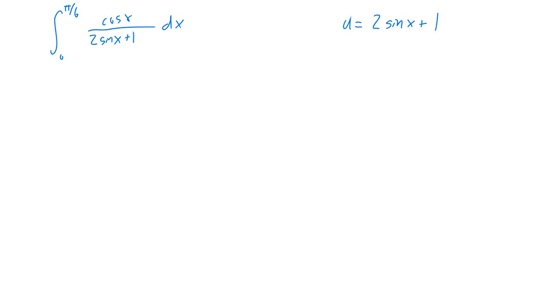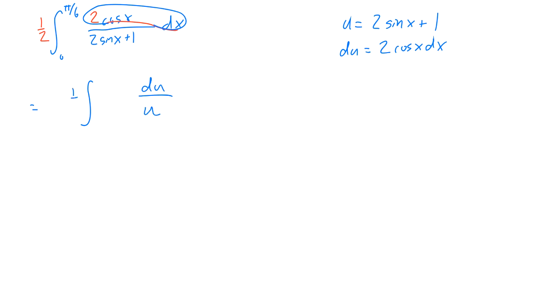If you do that, then du is 2 cosine x dx. And that just looks promising to me because I have a cosine x dx right here. So I'll multiply by a 2 and divide by a 2. And then that whole numerator becomes du. Everything that I'm circling here, the 2 cosine x dx, is du. And that whole denominator becomes u.